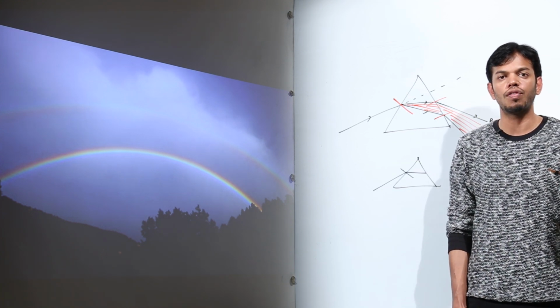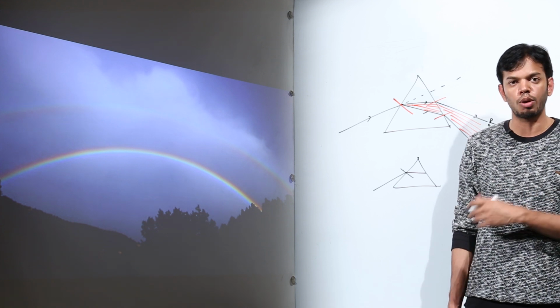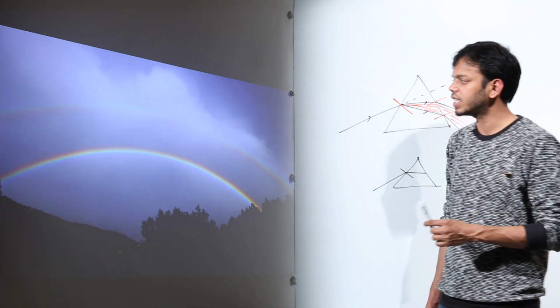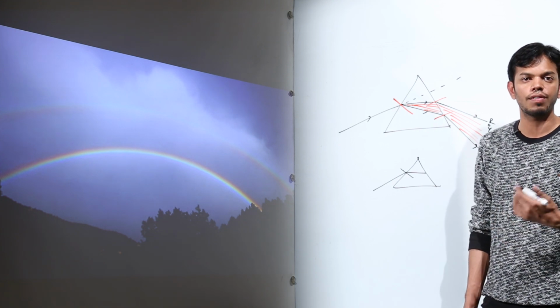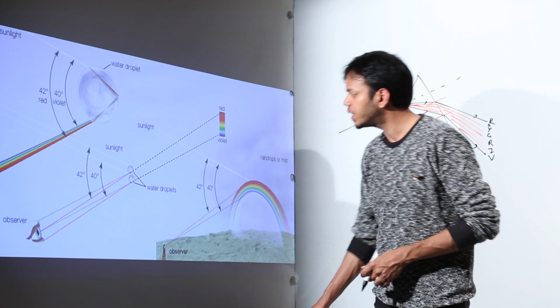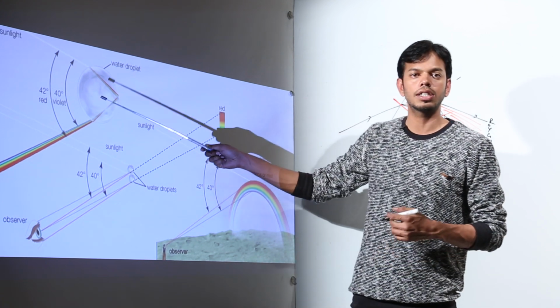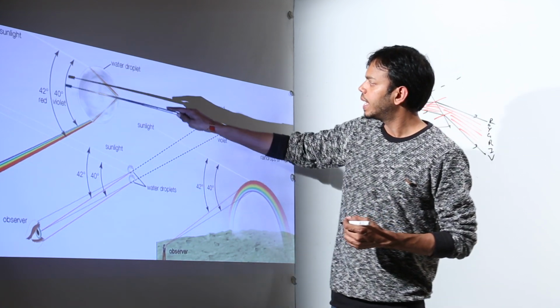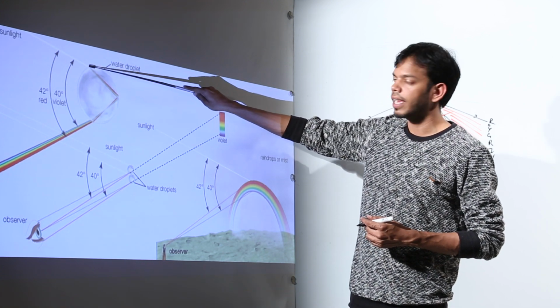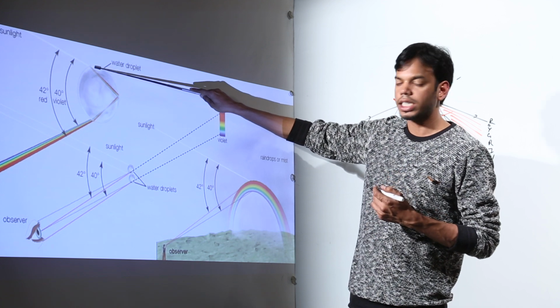The refraction of white light or sunlight will happen in the atmosphere itself, and that will result in this scenic phenomenon which we call the formation of a rainbow. How does that happen? A ray of light which enters the water drop, very small, gets first of all refracted from this point, and then and there the dispersion starts.